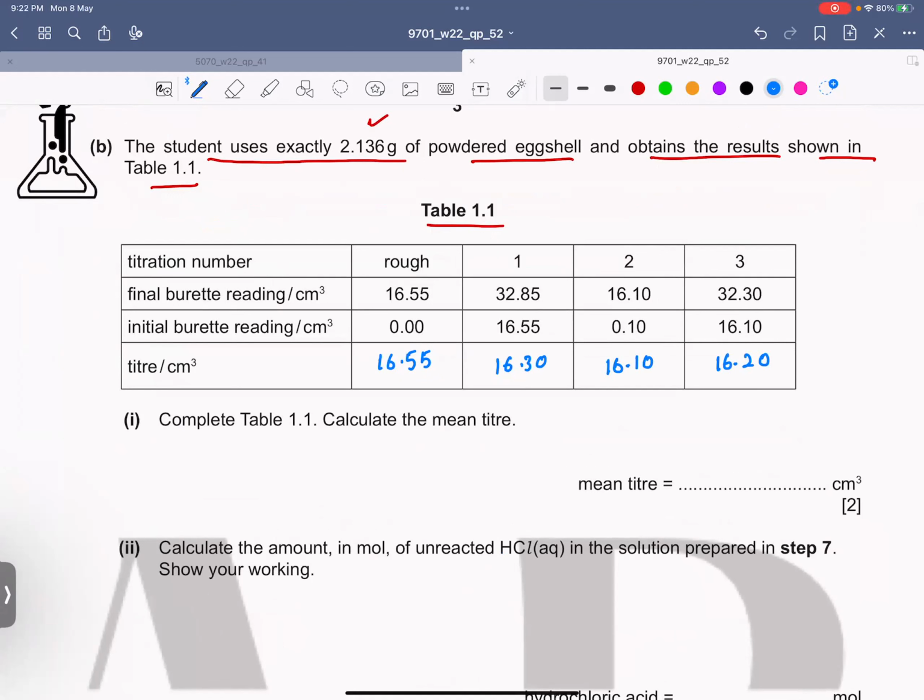So if you recall, the mean titer would be from two concordant readings with a difference of 0.1 centimeter cube, right? But here, these two have a difference of 0.1.